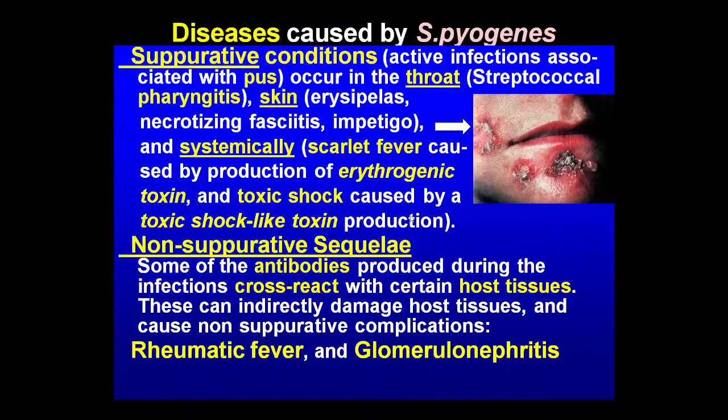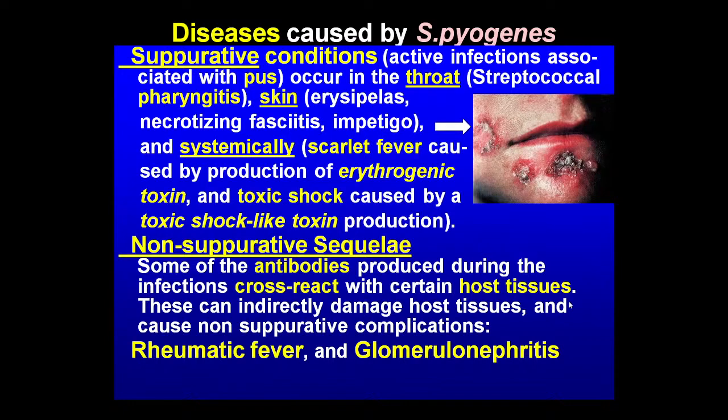So what are non-suppurative sequelae of the diseases? The thing is that during repeating streptococcal infection, antibodies can be produced, but these antibodies can cross-react with certain host tissues. So these may indirectly damage the host tissues. For example, the antibodies may cross-react with the heart valve tissues.